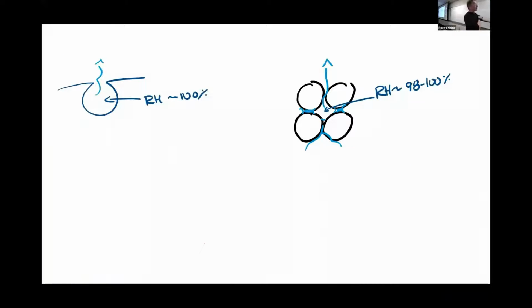So to kind of put this all together, we've looked at transpiration here on the left. So this is transpiration from a stomate. And on the right here, it is evaporation from a bare soil.